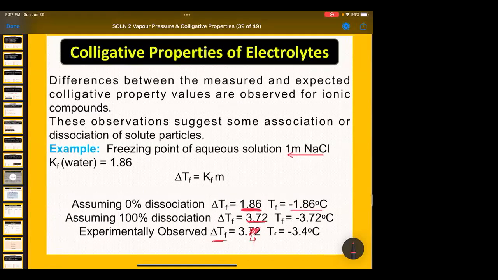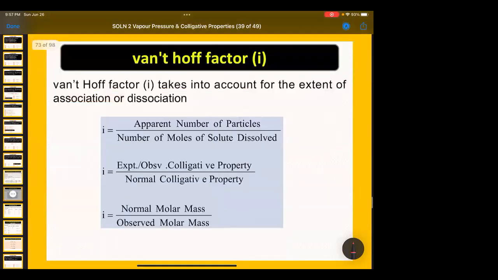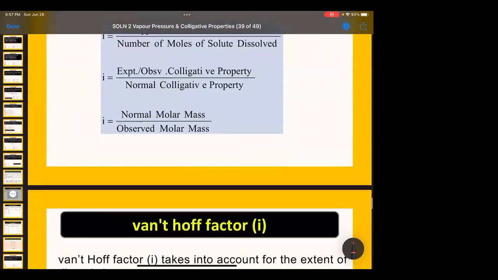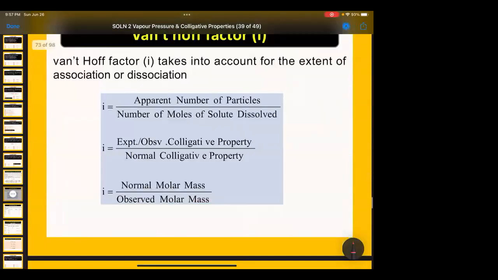So for electrolytes, you need to take into account the actual number of particles due to association or dissociation. You need to calculate that depending upon the formula, and that actual number of particles is indicated by the value i.